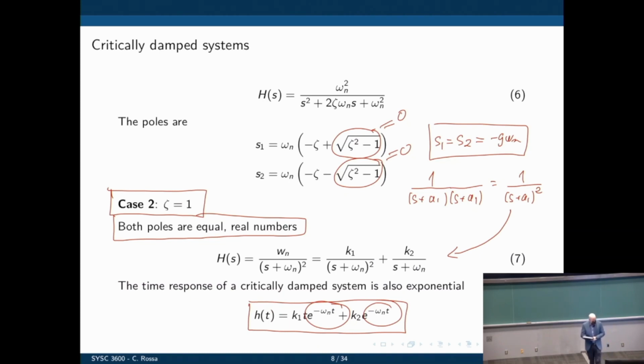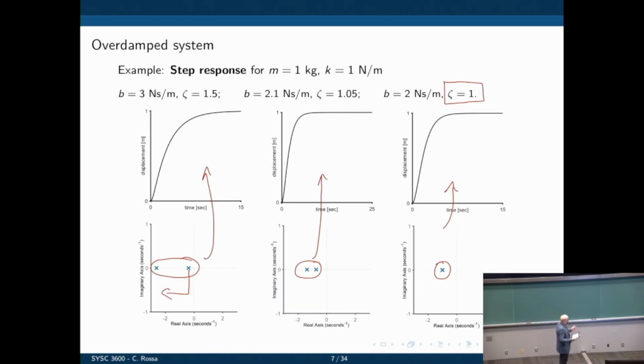Okay. So let's recap the two cases we did. The first one is the overdamped system, lots of damping, zeta is greater than 1. That results in two distinct poles. Poles are real numbers and poles are negative real numbers. They are placed on the left side of the S-plane. And the result is exponential.